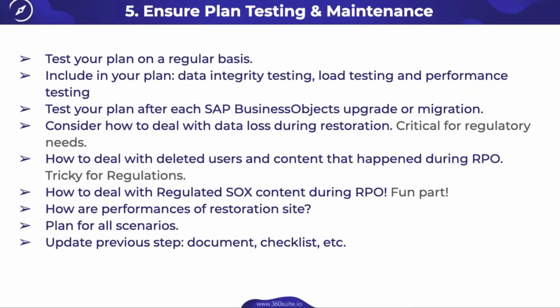Also, one thing that you need to think about, because of real life, is how you are going to deal with deleted users and content that happened during the RPO. During that time frame, if your RPO is, for example, 12 hours, some content and some users will have been lost, because you're losing basically 12 hours.